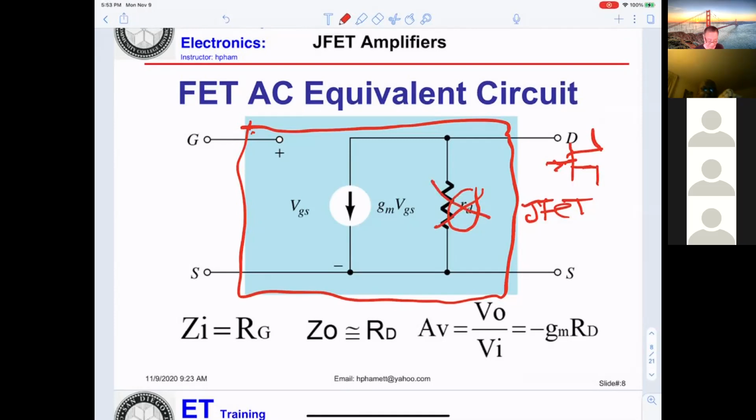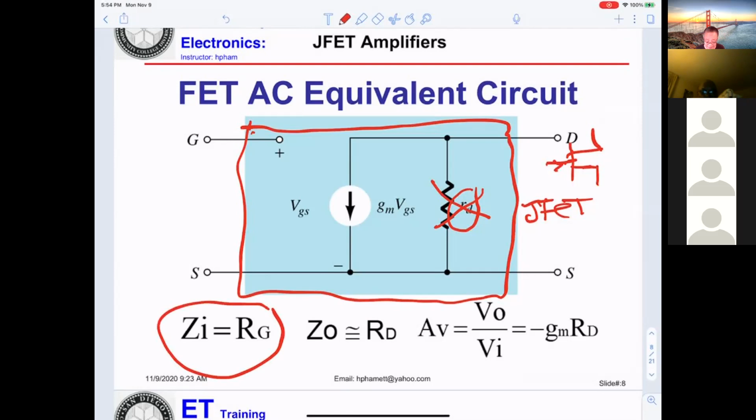Now, for G in, you get this one. For G out, they put almost equal RD.